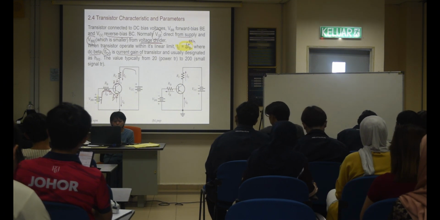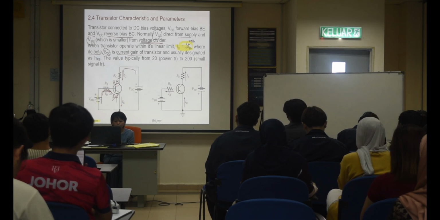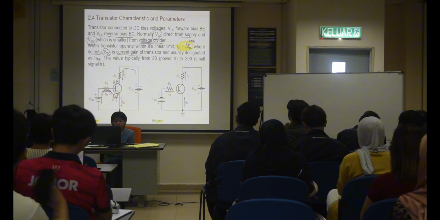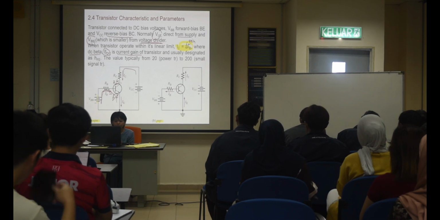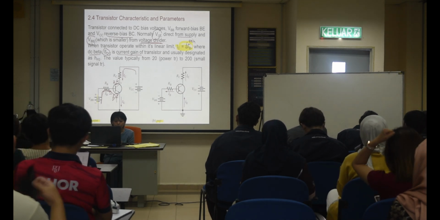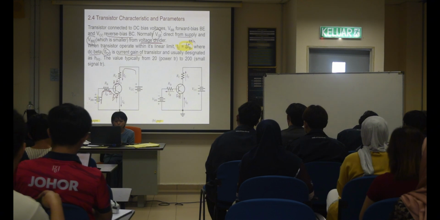Okay. So this one is for NPN. When it goes to PNP, same also, just the direction of the current is different. Okay, here also is forward bias. Here also is reverse bias.